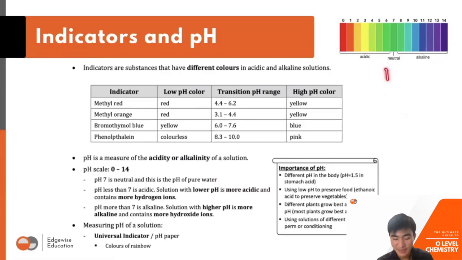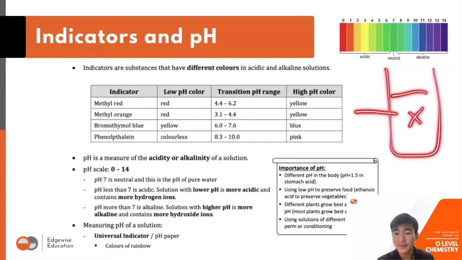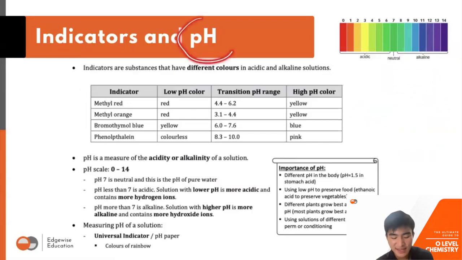No, I cannot, because maybe this is actually a very poisonous drink. I don't know, I cannot drink to tell. So that is the reason why scientists invented indicators and pH. Indicators, as the name suggests, will indicate whether something is acidic or alkaline, basically.